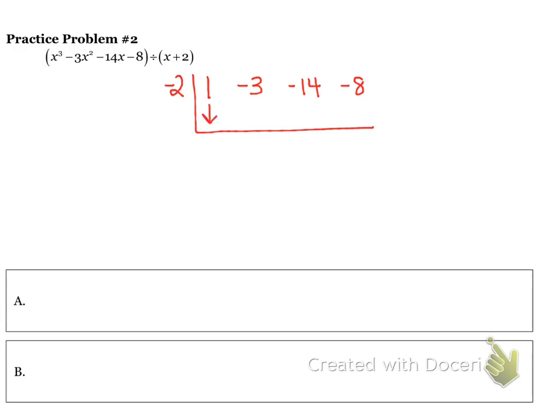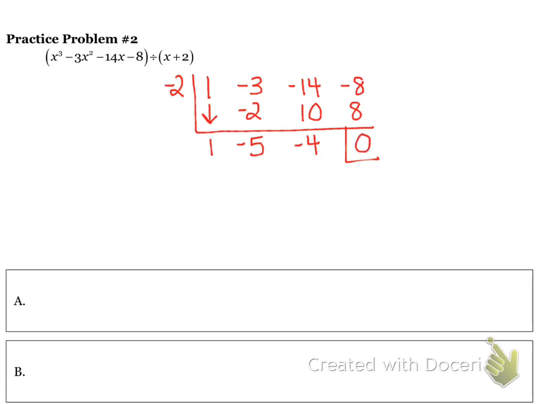First step is to bring the first term down. So we have -2 times 1, which is -2. We add those down and we get -5. -2 times -5 is +10, which when we add those we get -4. And then -2 times -4 is +8. This is our remainder, and since it's 0, we don't have one.